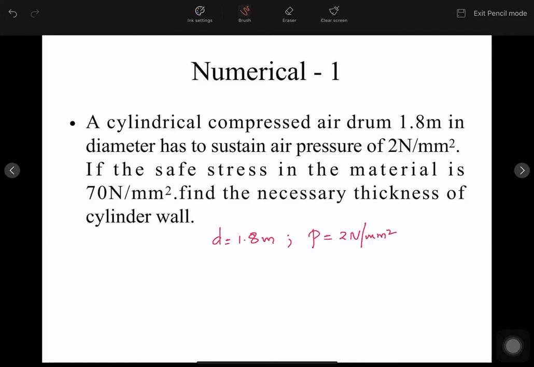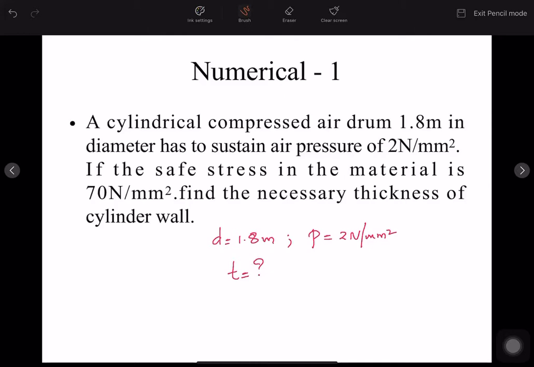If the safe stress in the material is 70 Newton per mm square, find the necessary thickness of the cylinder wall. So we have to calculate the thickness of the cylinder.